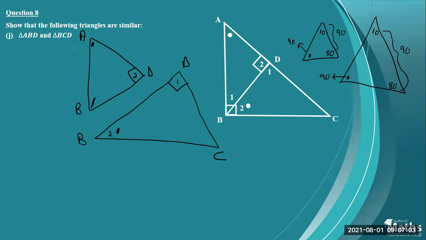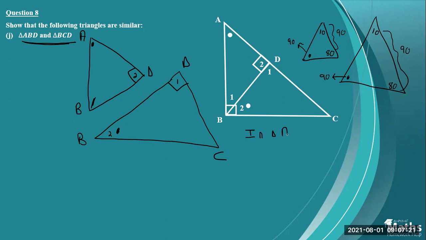So let's prove it. We just need to work with two angles. I'm going to say in triangle, and we have to work with this order that they gave us. I'm always relieved if they actually give us the triangles.